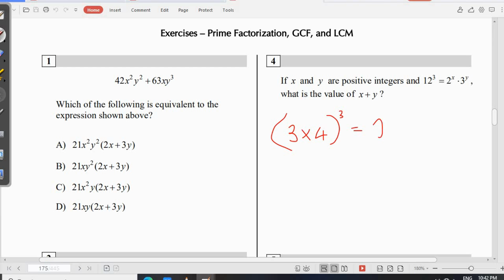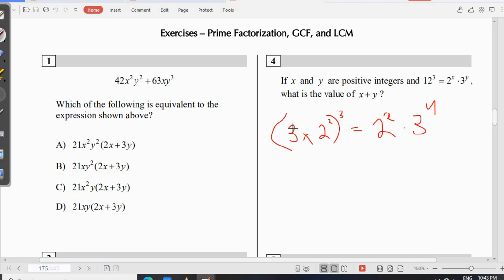It's equal to 2 raised to power x times 3 raised to power y. Another thing, if you look at your number 4 there, you can also reduce that to 2 raised to power 2, so that it will look like the other one, and this is 3 raised to power y.